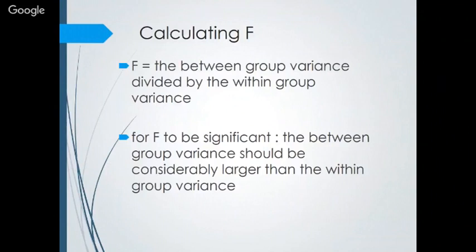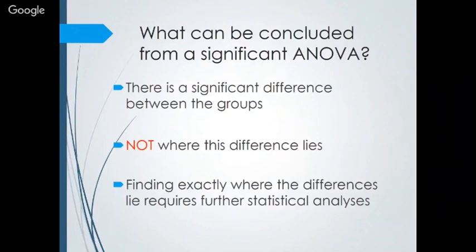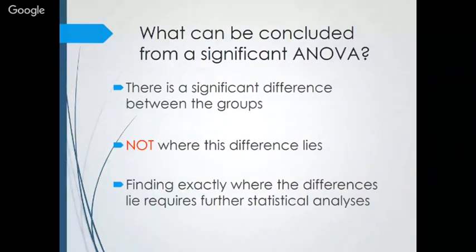What can be concluded from a significant ANOVA? There is a significant difference between the groups. After doing ANOVA, we can conclude whether there is any significant difference between two or more groups.